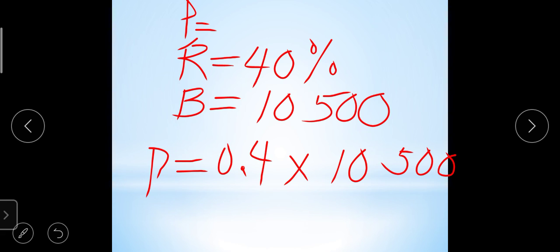Okay, Jeric? So, we multiply 40% to 10,500. But first, we take the decimal number for 40%. So, that is 0.4 according to your classmates. So, 0.4 times 10,500 is equal to what number?